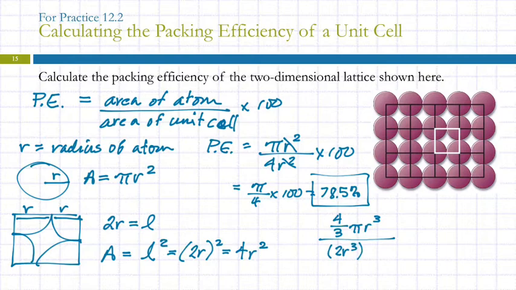So that would be 2 times 2 times 2, 8. 8r cubed, and 4/3 pi r cubed, and the r cubed cancels out. So we've got 4 divided by 3 times pi divided by 8 times 100. 52.4%. Which they call 52. So you can do it in 2 dimensions, you can do it in 3 dimensions.